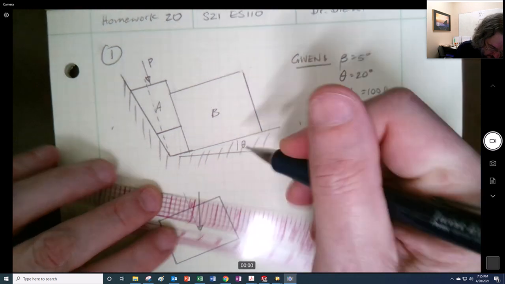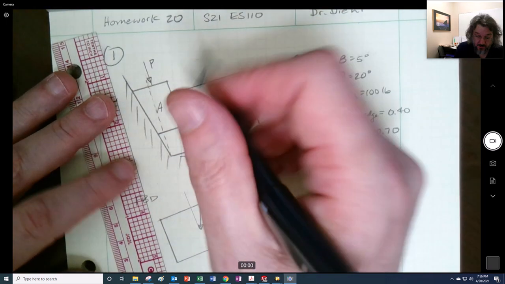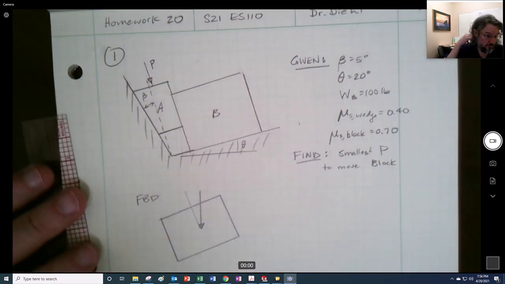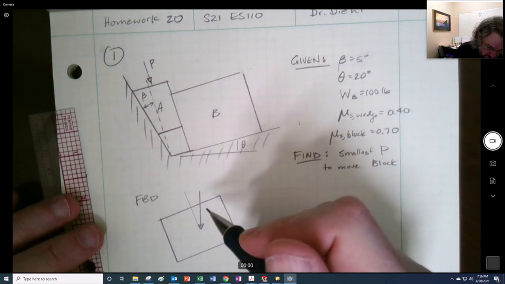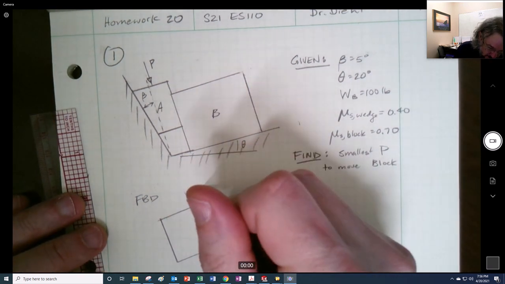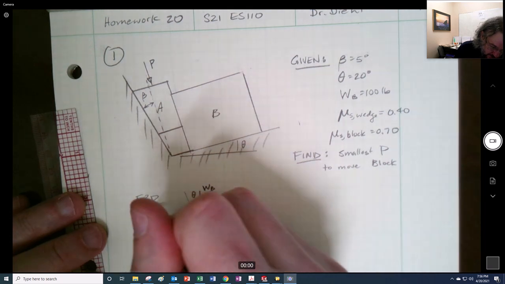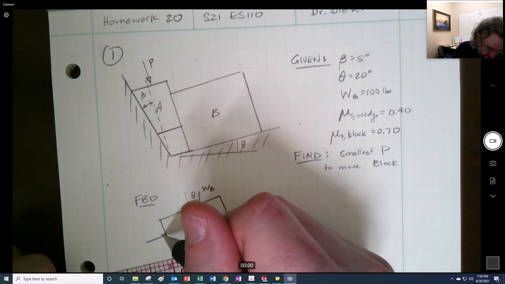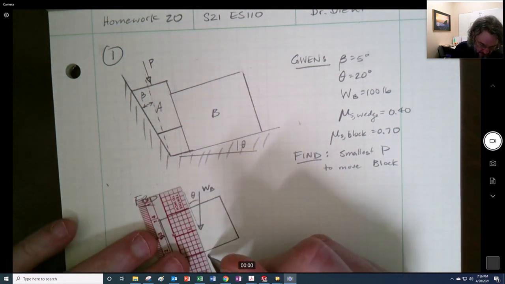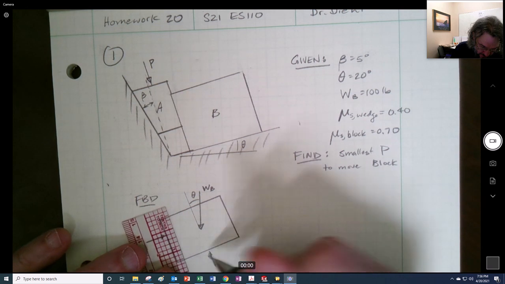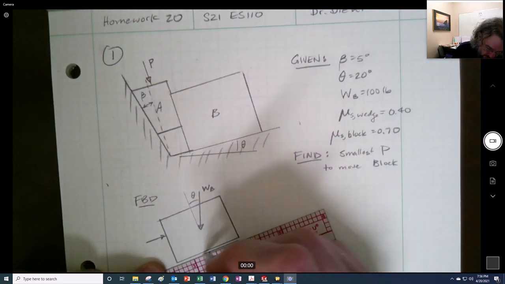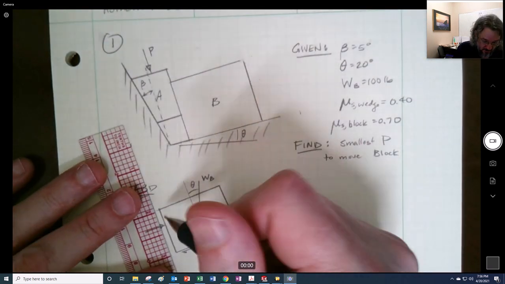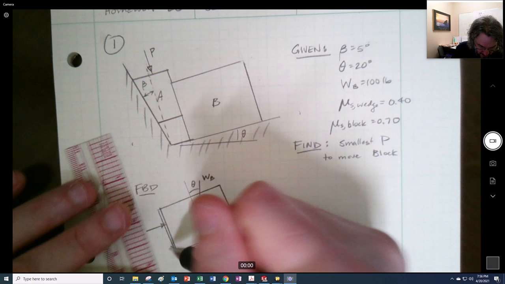That angle is theta, and this angle right there is beta. This is theta, and this is the weight of B coming down. There's going to be a normal force right there and a normal force right here, and a friction force right there. This block's trying to come down, so there must be a friction force coming right there.